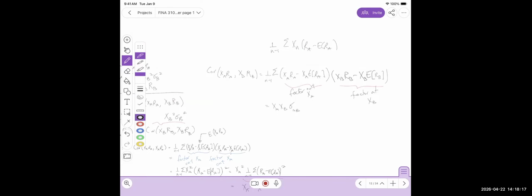I don't understand the AB. How did you get the AB? Because there's an extra XA in here and there's an extra XB in here. And then I pull them both out in front. And what does it leave?